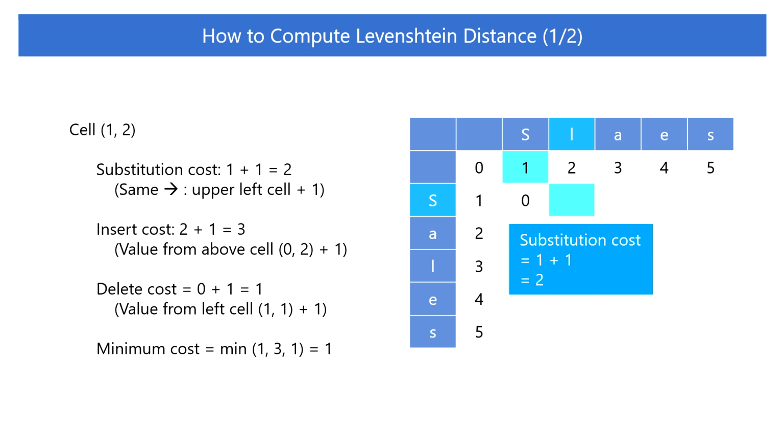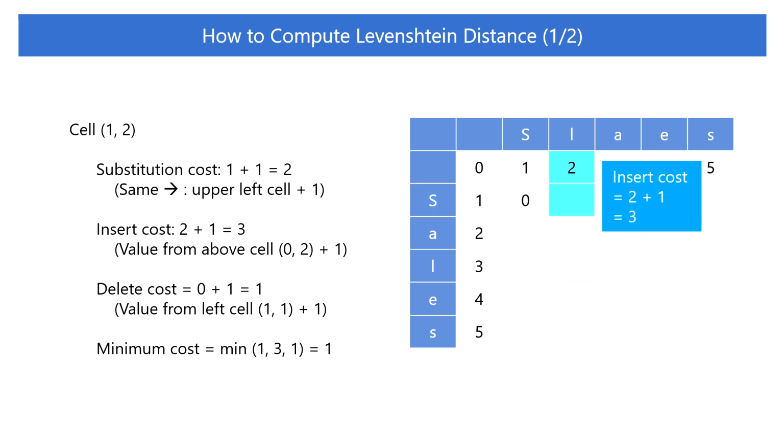Let's move on to the cell 1, 2. For 1, 2, compare S from cells and L from slice. These are different characters, so the substitution cost is 1 plus 1, so it is 2. The insert cost is the value from the above cell plus 1, so it is 3.